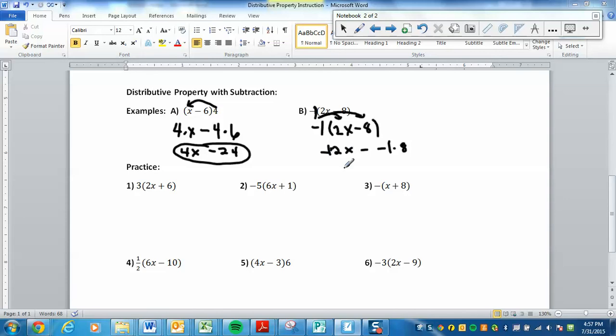So I get negative 1 times 2x is negative 2x, and negative 1 times 8 is negative 8, and there's a subtraction in the middle. Okay? When I subtract a negative, I can change that into addition. So I change it to addition by changing the sign of the operation and then the sign of the number. So instead of negative 2x minus a negative 8, it becomes negative 2x plus a positive 8, which is just negative 2x plus 8.